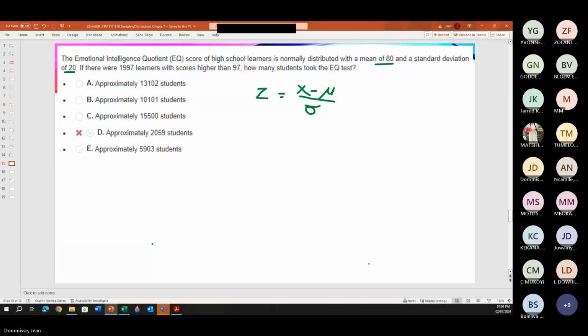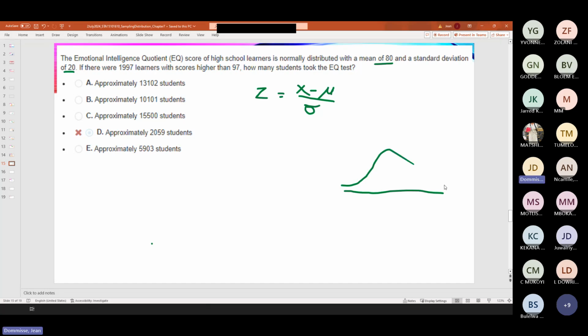So again in this one they said, let's just put the 0 there, if there were 1,997 students with scores higher than 97.